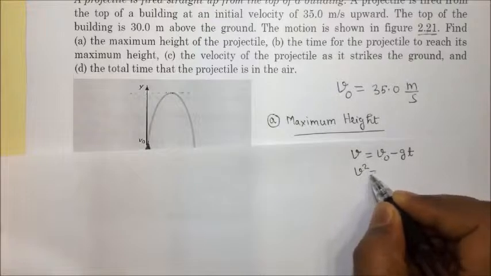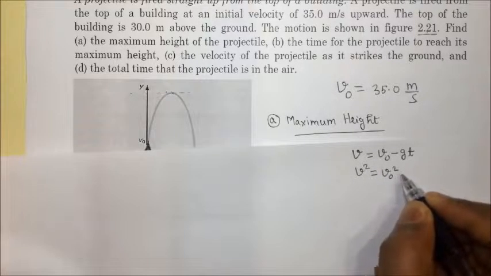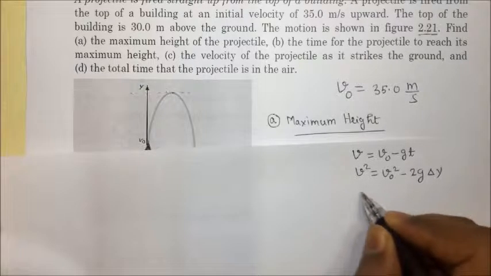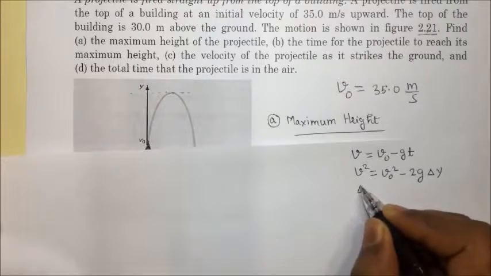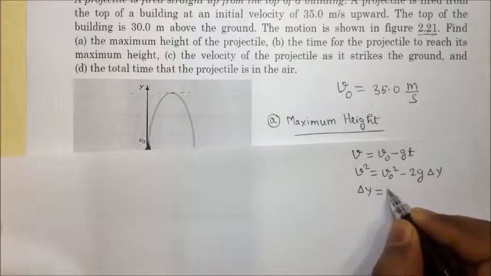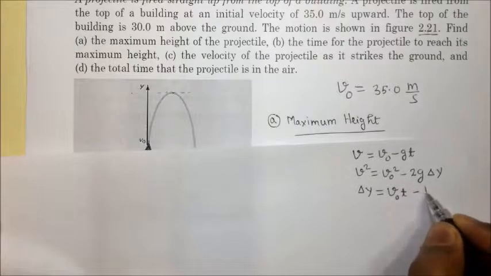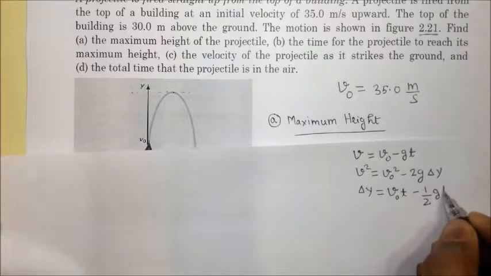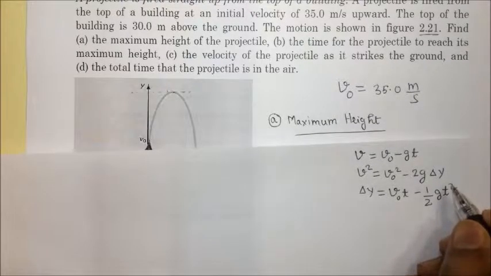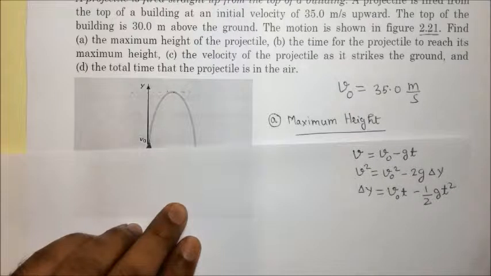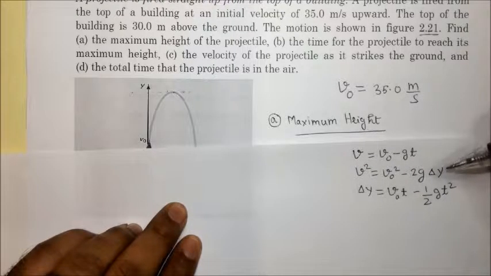V final square is equal to V initial square minus 2G delta Y, and delta Y is equal to V initial T minus 1/2 GT square. So we are looking for maximum height. It means that we are interested in delta Y.